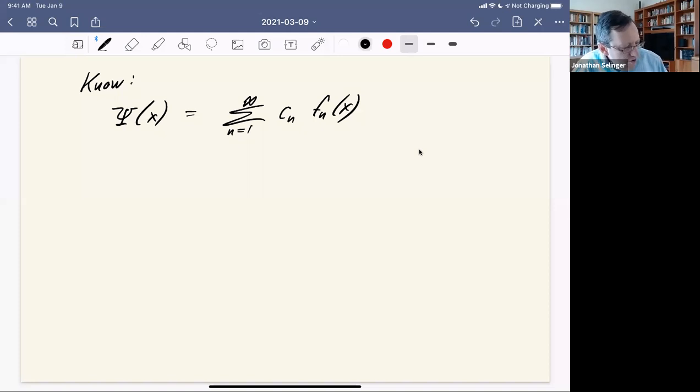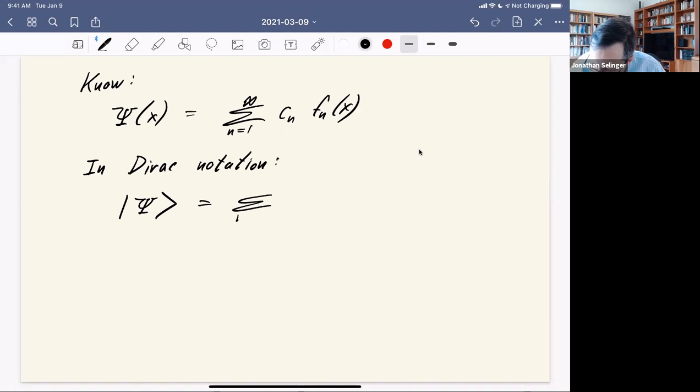So in Dirac notation, that is, in terms of kets, we would write this as the ket psi is the sum from n equals 1 to infinity of Cn times the ket n.